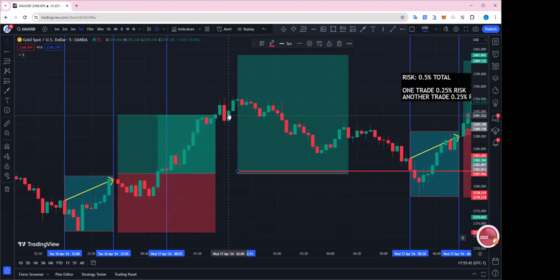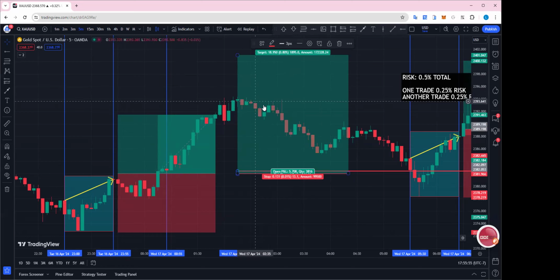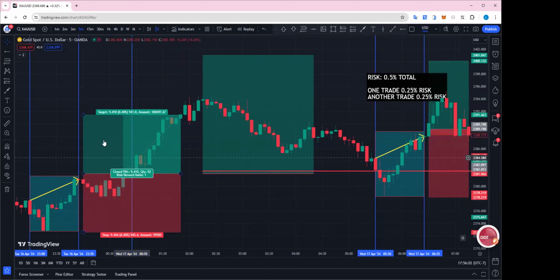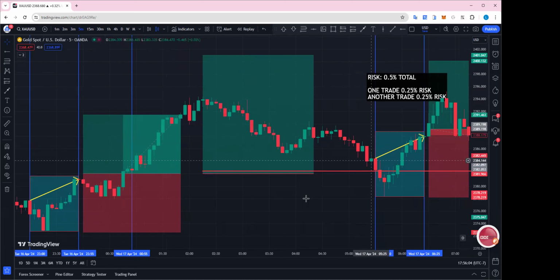Now this one, what I like to do is I move the stop loss to break even and let it run. Okay, so this one, it came back all the way and we have to come out of the trade. We have to cancel the trade, not cancel, close the trade. Why?